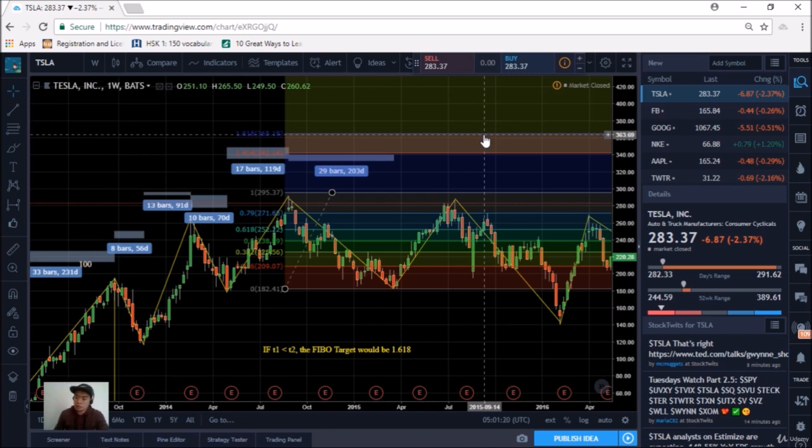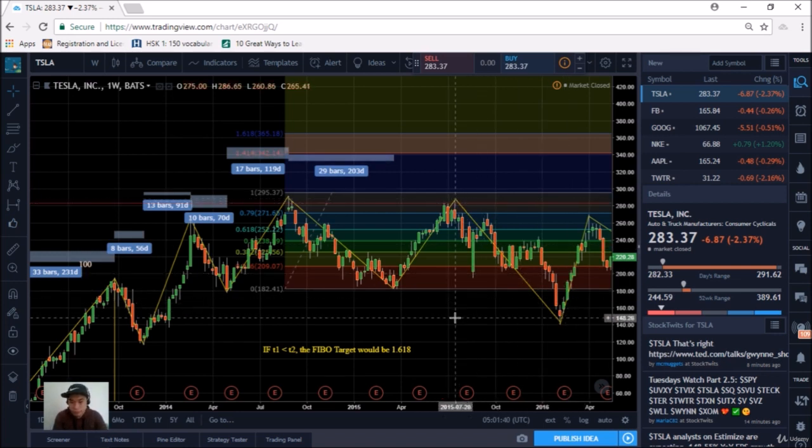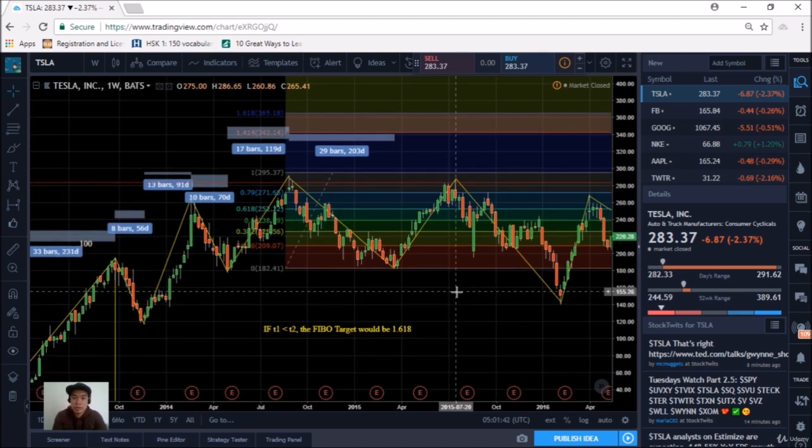Before reaching the target it will retrace, and this is an indication that the buyer is exhausted. So now our target is here, and our Fibonacci goes up until this previous high, where the resistance line starts going downward.